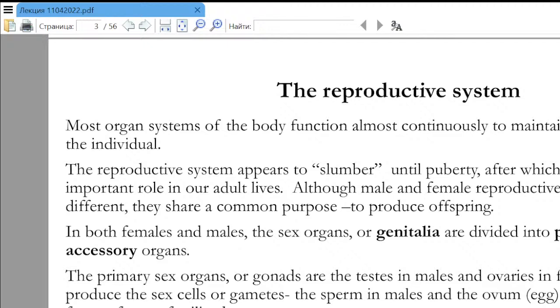Gonads produce the sex cells or gametes, the sperm in males and ovum in females, that fuse to form a fertilized egg. All other genitalia in both sexes are accessory sex organs, including the internal glands and ducts that nourish the gametes and transport them towards the outside of the body, and the external genitalia.